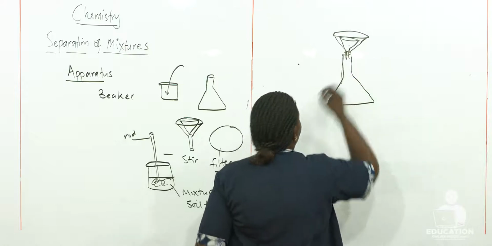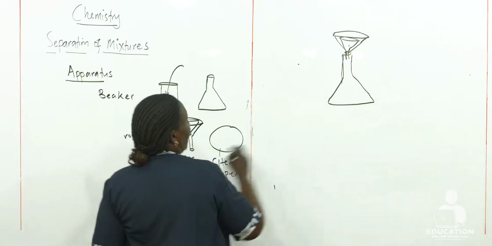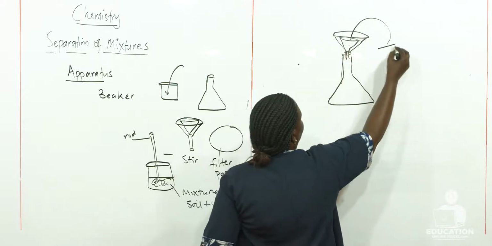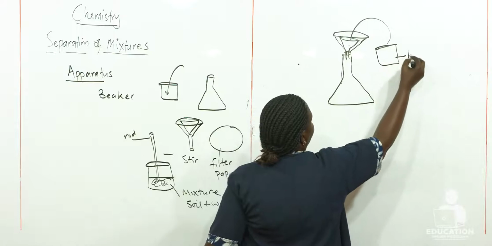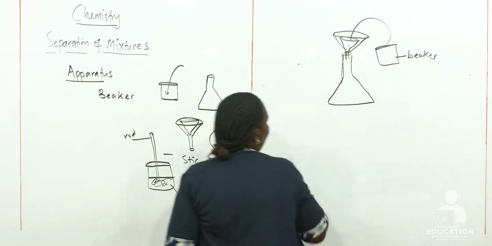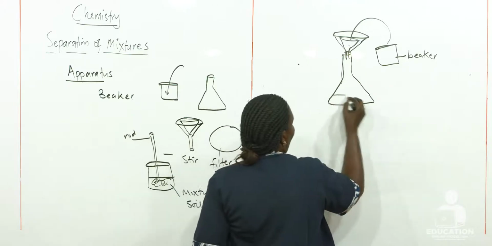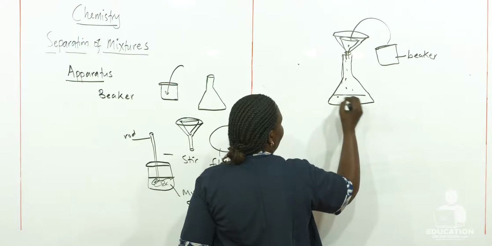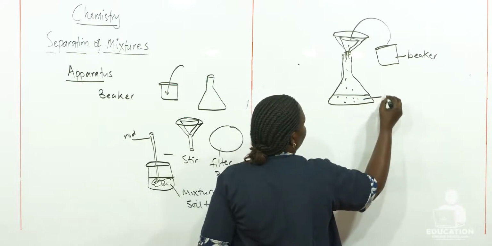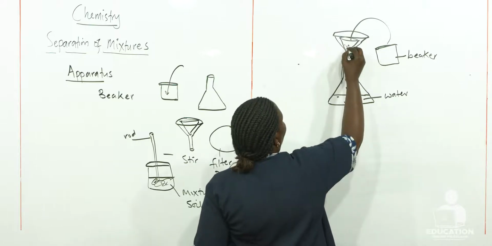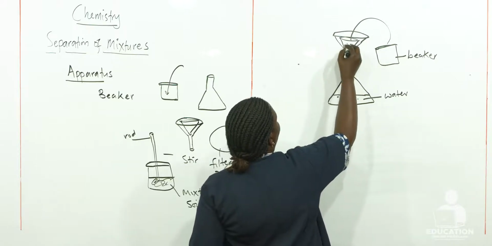Then after stirring the mixture, we pour the mixture in the beaker. Then the water will immediately come at the bottom, and the soil will remain at the filter paper.